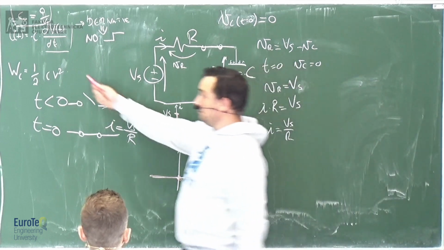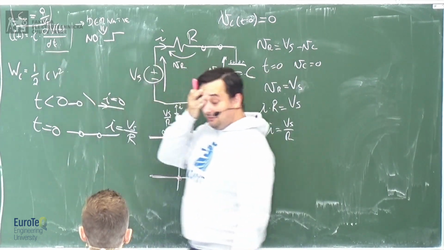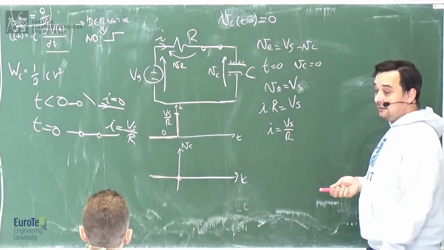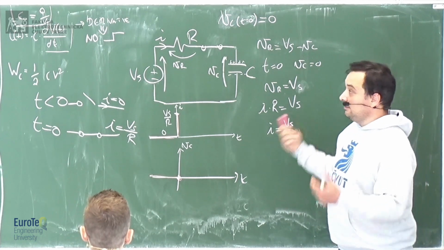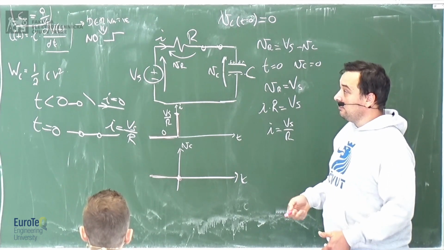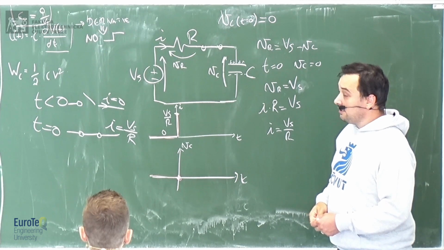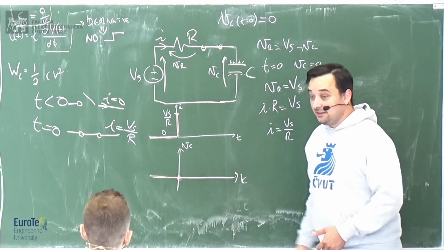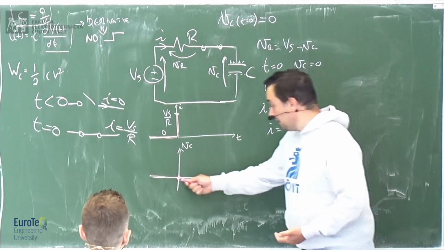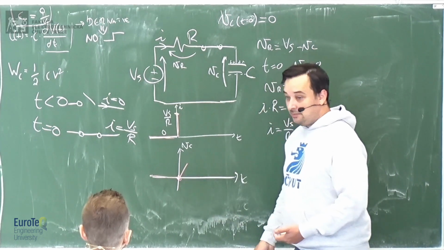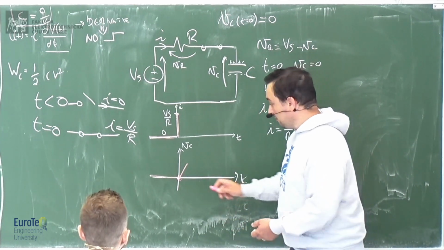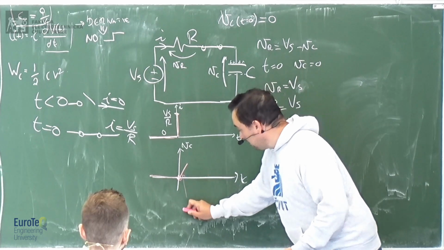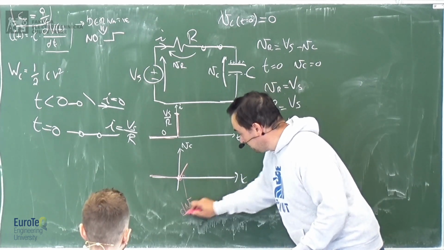Let's watch our equation. If you have a positive current, it means that we have a positive derivative of voltage. The voltage is 0 here, but it has a positive derivative, which means that it goes up.